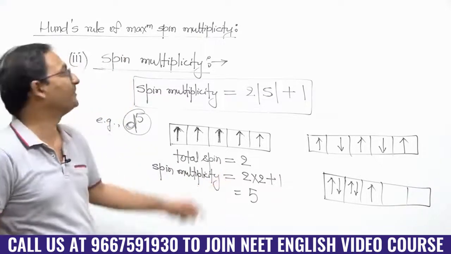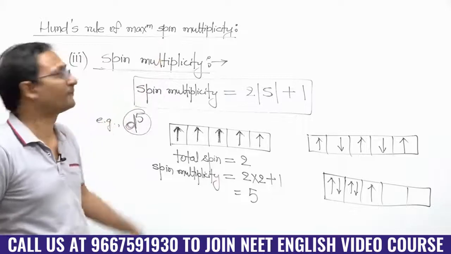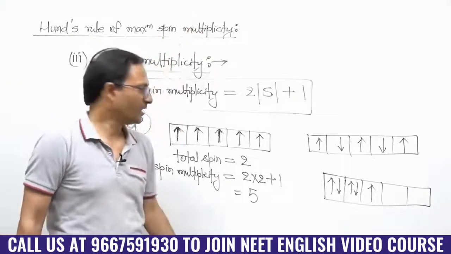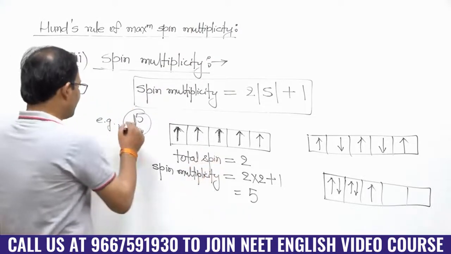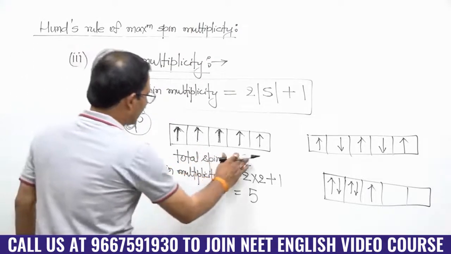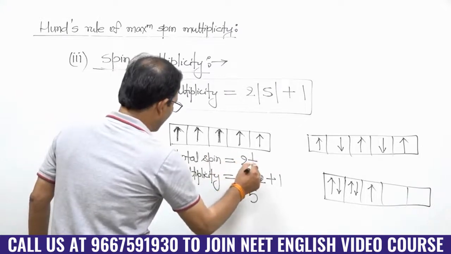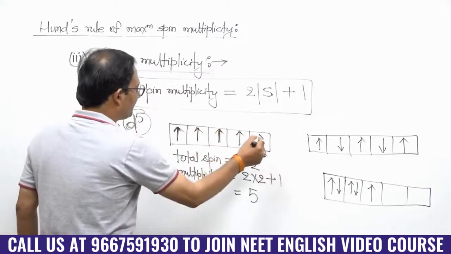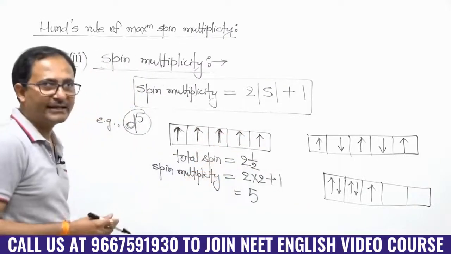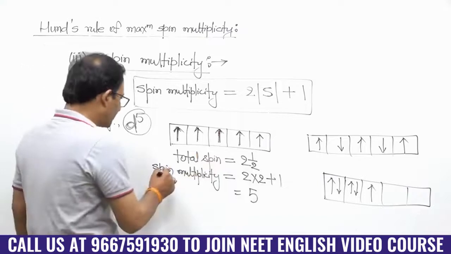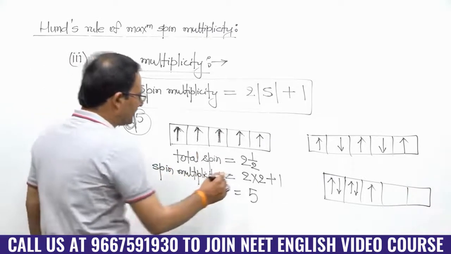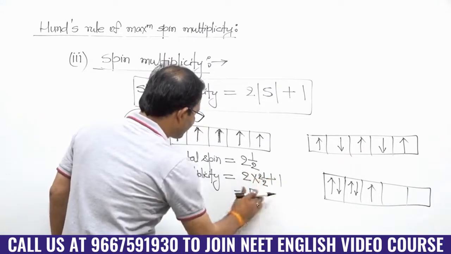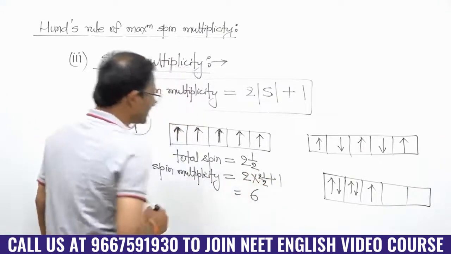That arrangement will be according to Hund's rule, and therefore it is called Hund's rule of maximum spin multiplicity. For example, for d5, total spin will be half, half, half, half, half, that is 2 and a half. So spin multiplicity will be 2 into 2 and a half plus 1. This will come to be 6.